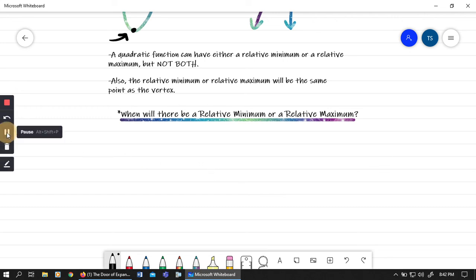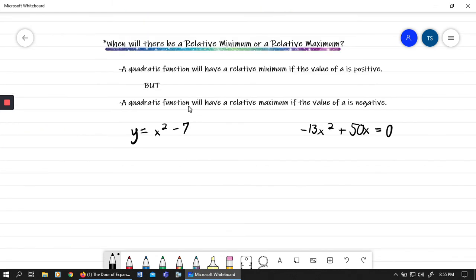So a quadratic function will have a relative minimum if the value of a is positive, but a quadratic function will have a relative maximum if the value of a is negative.